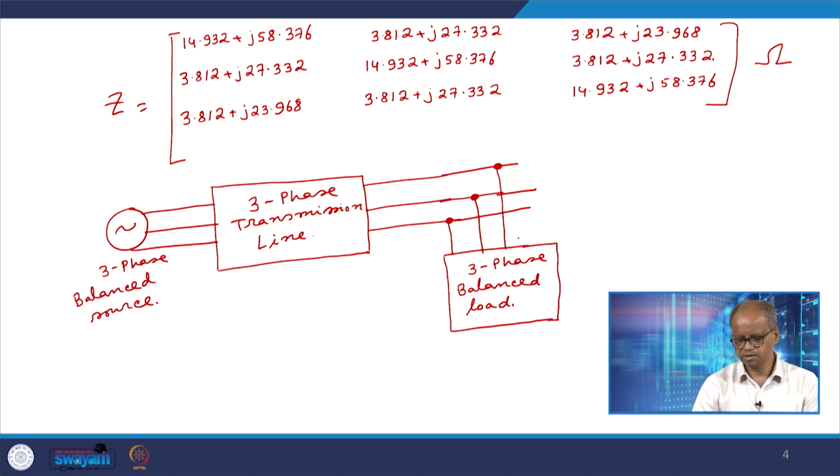So, this is the case. So, 3-phase balanced load, and say that these currents are IA, IB, IC.